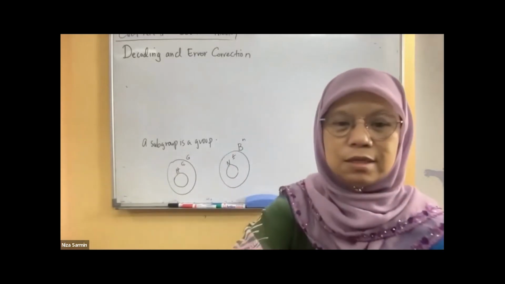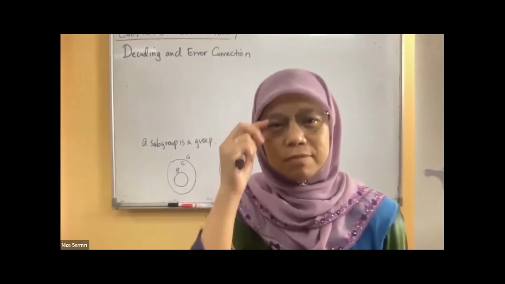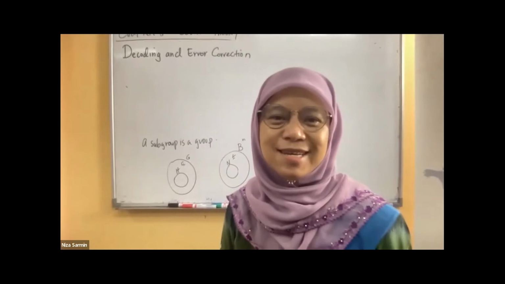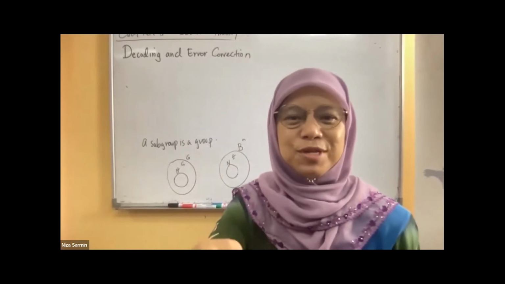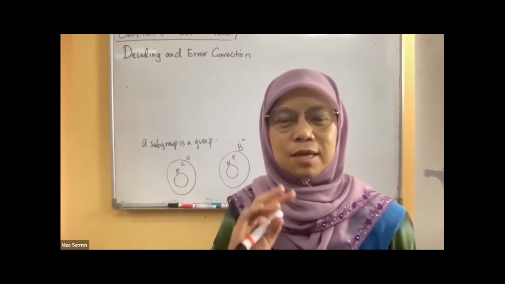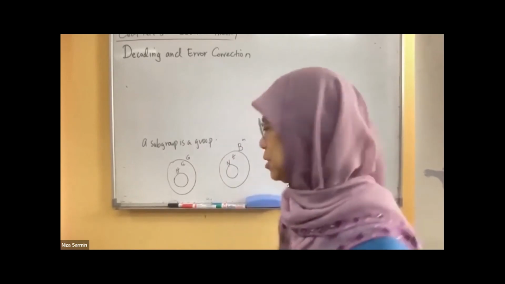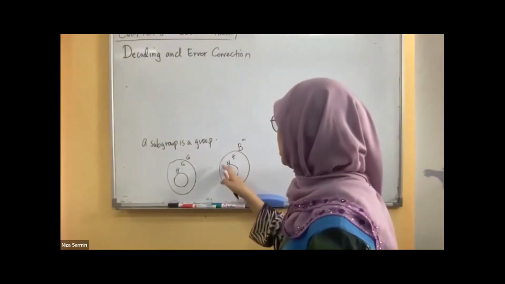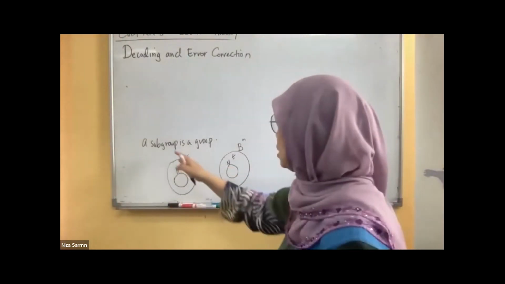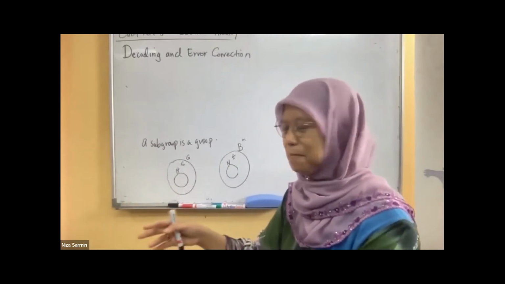So to answer the question by Anonymous, are subgroup code and group code the same thing? Actually, the answer cannot be yes, they are the same thing, but in a way, yes. How can you say subgroup code and group code the same?